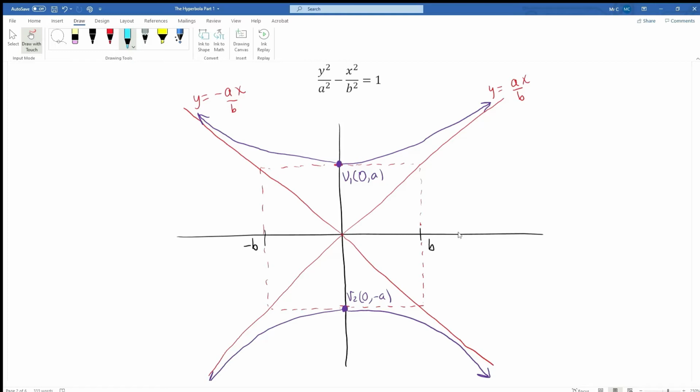And so what we see again is that this time our rise is a and our run is b. And so our slope is a over b, or negative a over b. So we get the asymptotic lines, y equals a over b x, or y equals negative a over b x.